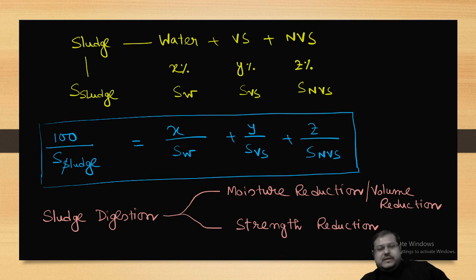Y% volatile solid is present, with specific gravity S VS, and Z% non-volatile solid is present, with specific gravity S NVS. So 100 by S sludge equals X by S W plus Y by S VS plus Z by S NVS.